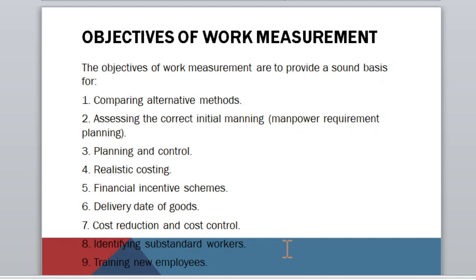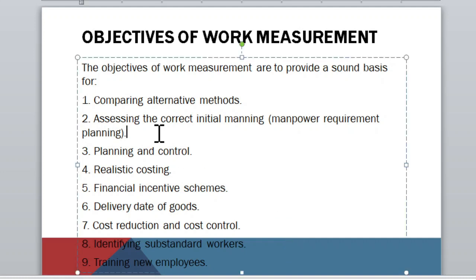So if method one does not fit a certain operation, then you can use your alternative method, which is method 2. So you have to provide a lot of methods, and then choose the best method for that certain operation. Next is assessing the correct initial manning, or manpower requirement planning.